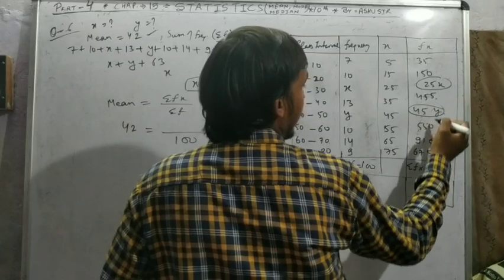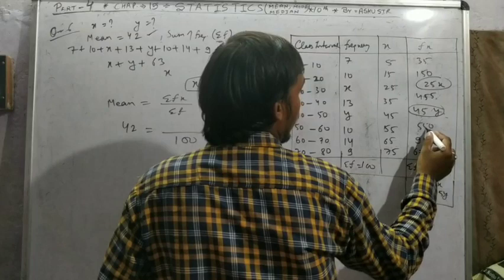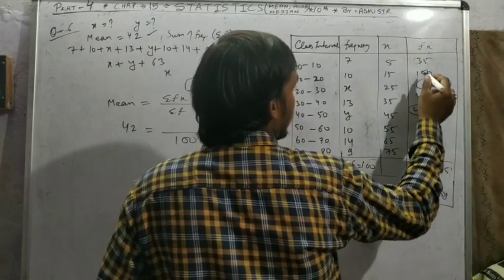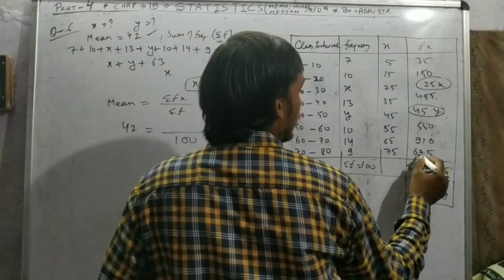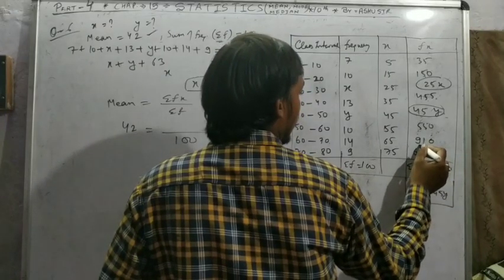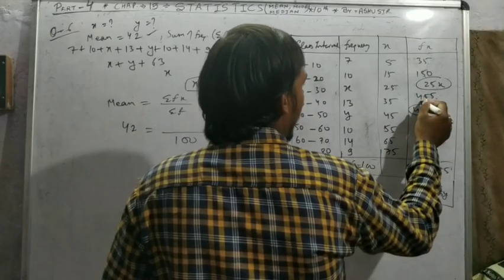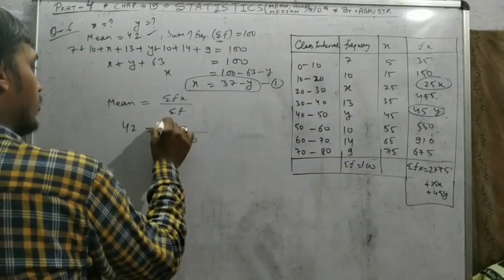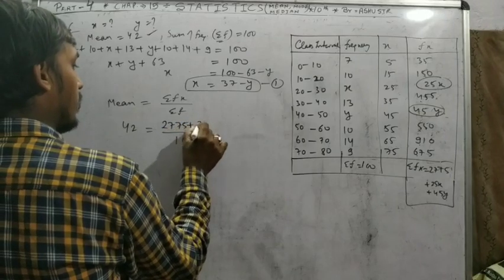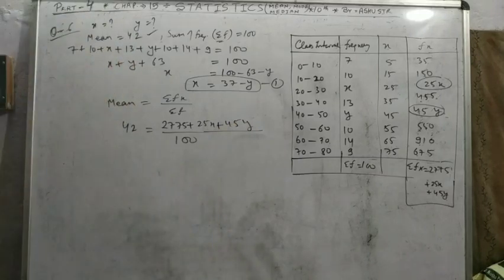Adding the rest, we get 2775 plus 25x plus 45y. This is the value of summation of fx.